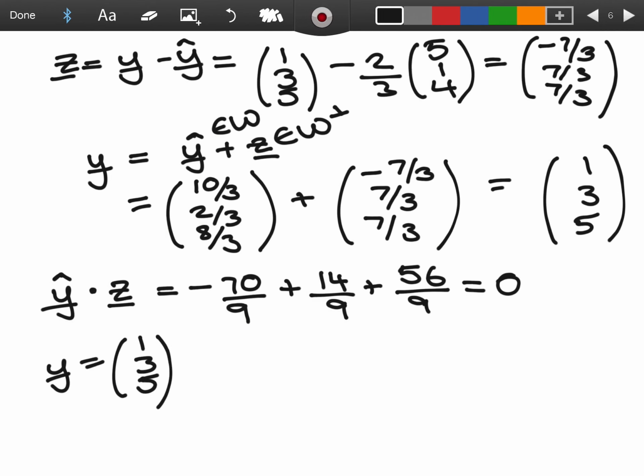Y doesn't actually lie in this subspace W. But what we want to do is find the closest point to y that does lie in W. And the answer is this vector here: 10 over 3, 2 over 3, 8 over 3 is the closest point to y that actually lies in W, such that the distance between y and W is the smallest.